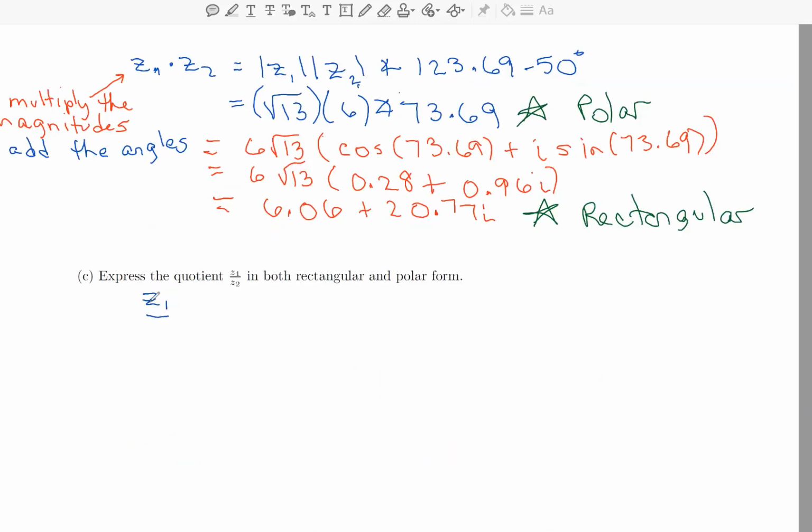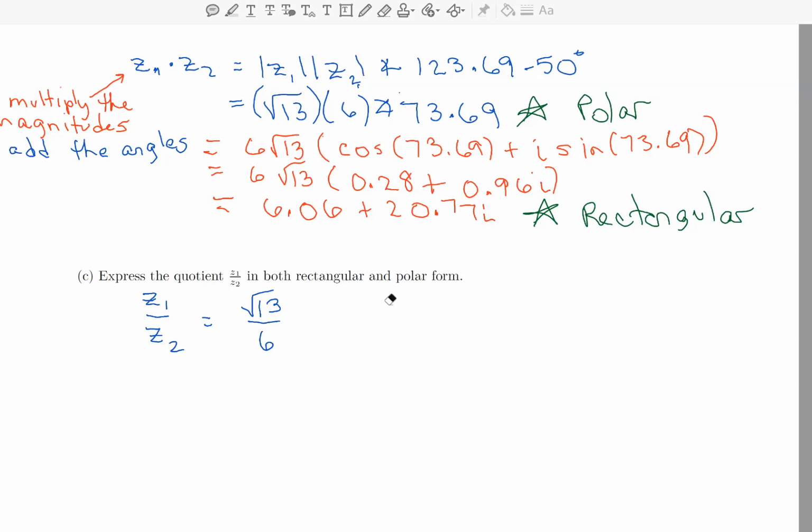To find the quotient of two complex numbers, instead of multiplying, we're going to divide the magnitudes of each of the complex numbers. So we would have the square root of 13 divided by 6.